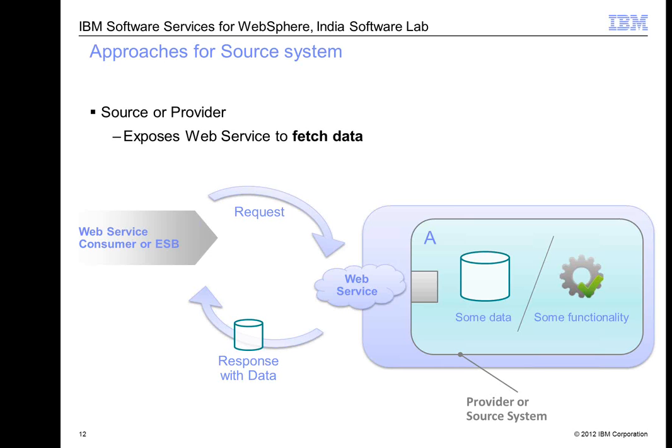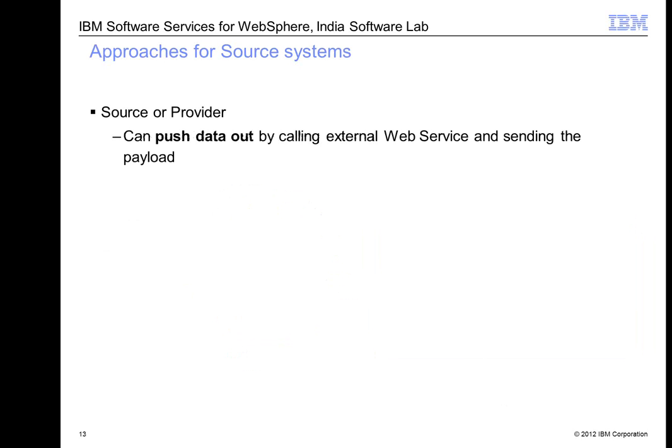The next scenario is the second case for the source system, in which the system which has the data is not exposing a service for others to call, but is calling a web service and pushing the data out.